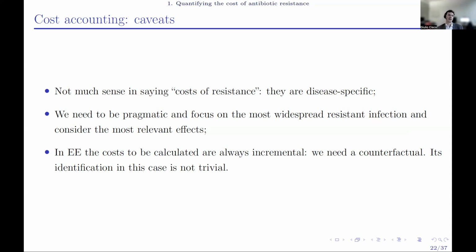Because in general, when we want to evaluate the cost of a new project, we are always comparing the project, let's say project A with project B, or a new project with the standard of care. So we need the counterfactual all the time to compare and to calculate this incremental cost, because it's the only way we can say, okay, this project is providing a good impact on welfare.